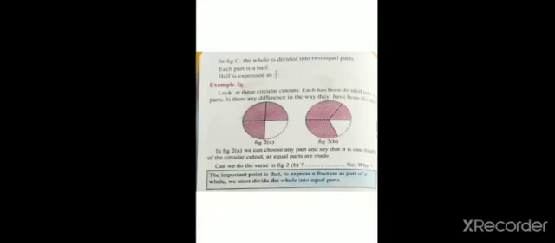Now, if I have to say, in figure 2A, which part is not colored or which part is not shaded, if I ask you, then you will naturally say 1 by 4.